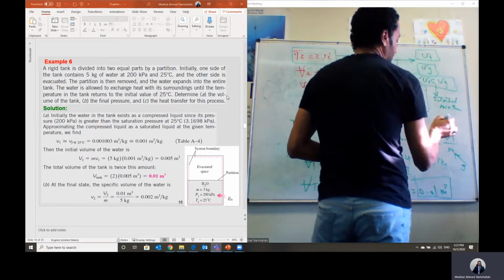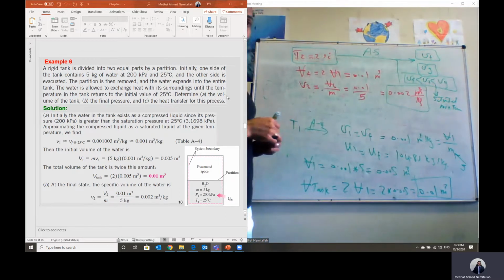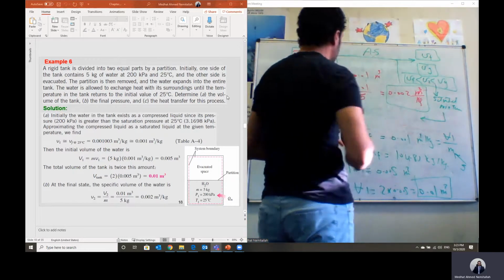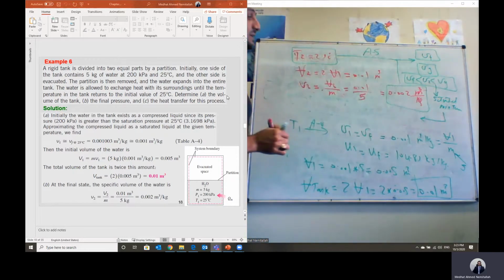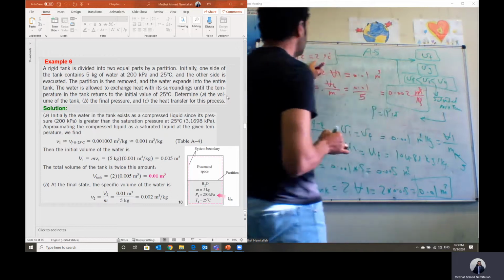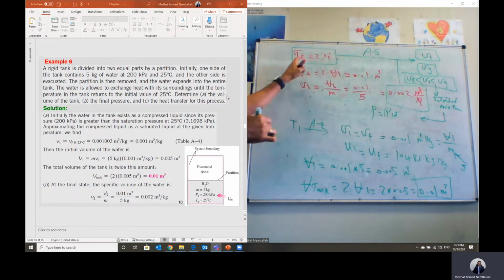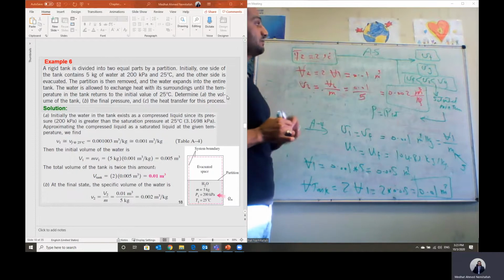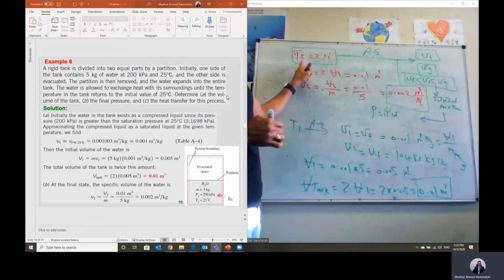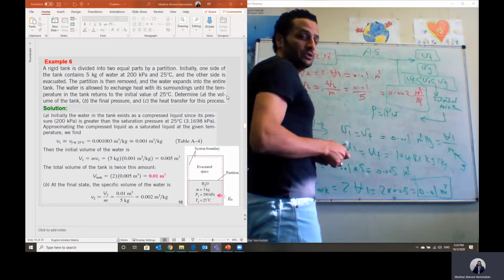Under saturated mixture condition, while the phase change process, the temperature is equal to the saturation temperature, and the pressure in this case will equal the saturation pressure at this given temperature. So from table A4, we can get at a temperature equal to 25 the saturation pressure.